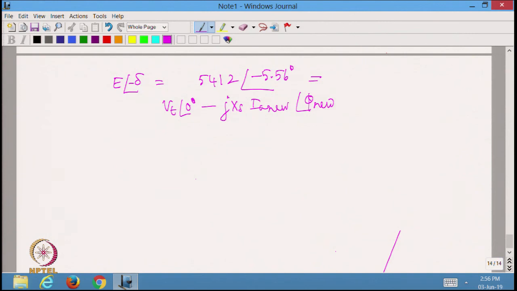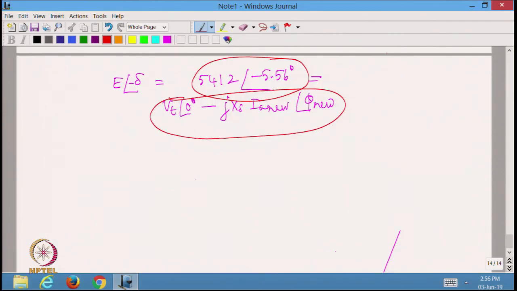So, you would get basically one real part and one imaginary part. Similarly, you will be able to get one real part and one imaginary part here.